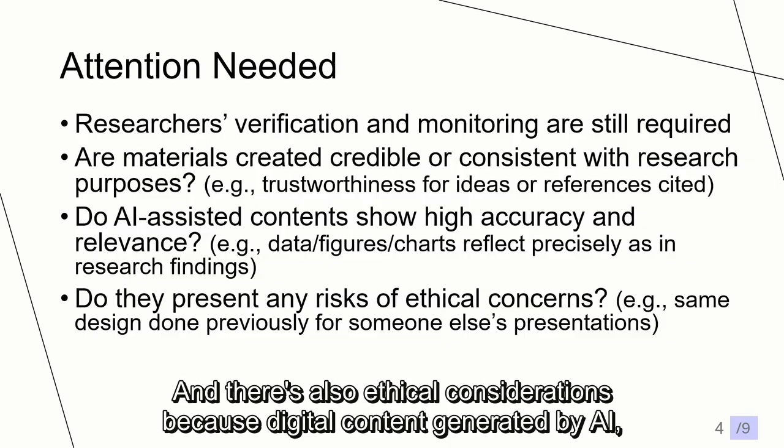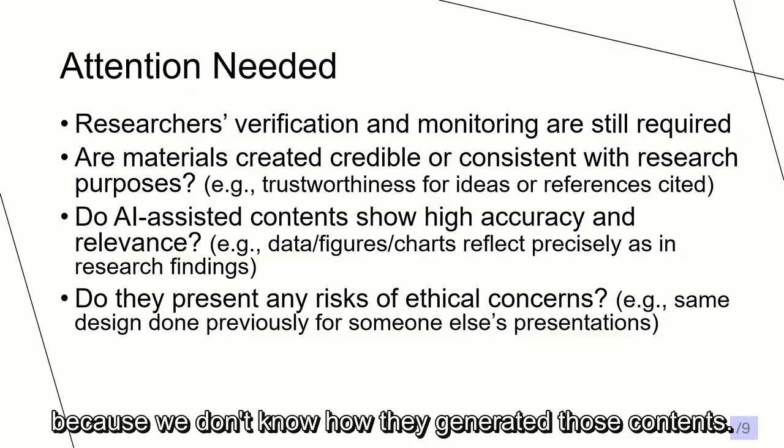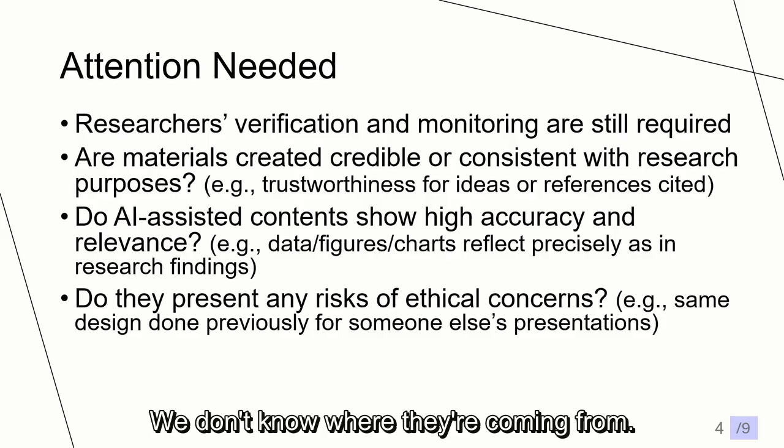And there are also ethical considerations, because digital content generated by AI sometimes may violate ethical issues, since we don't know how they generated those contents. We don't know where those images, diagrams, figures, or summaries they created are coming from.